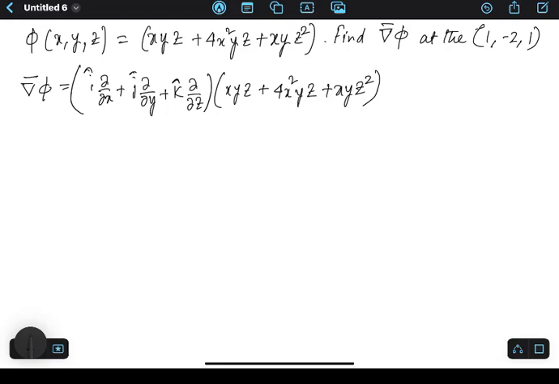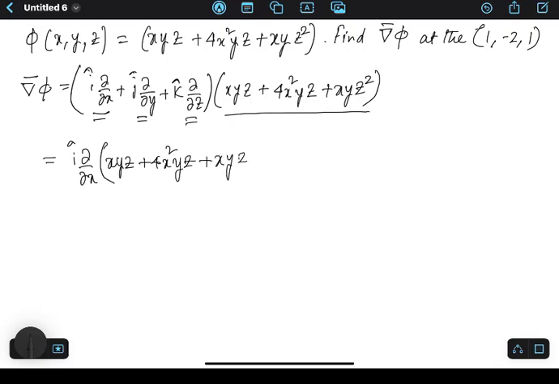Each quantity of the first bracket, that is i del x, del y, del z, will act on the scalar quantity which is given in the second bracket. So how do I write it? I del x of the scalar quantity, that is xyz plus 4x square yz plus xyz square.